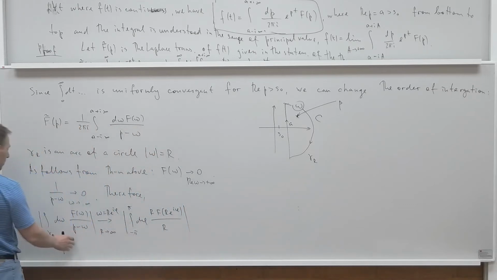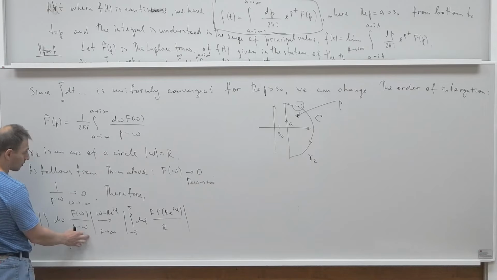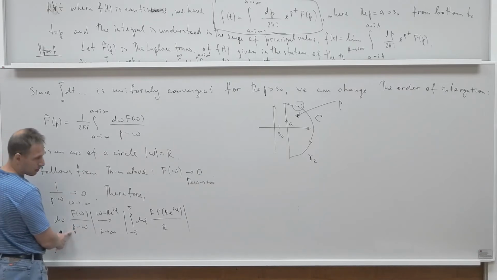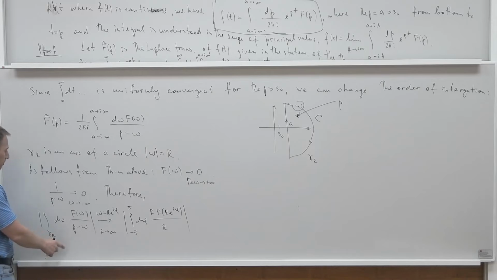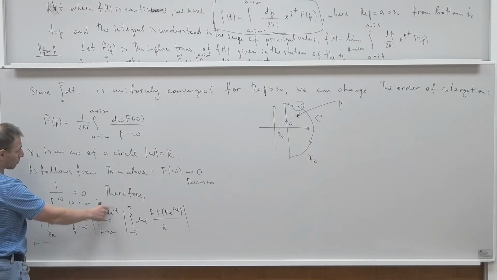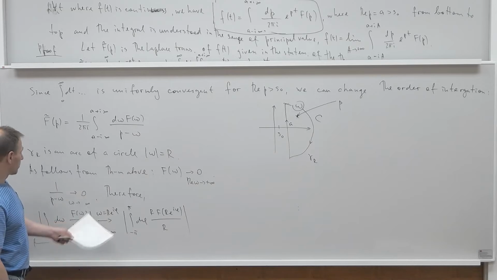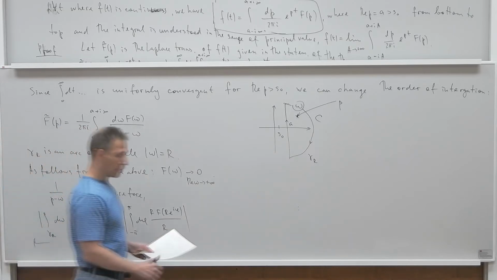For large R, we can neglect p in this expression, integration with respect to omega, and just replace omega by this exponential form of a complex number.